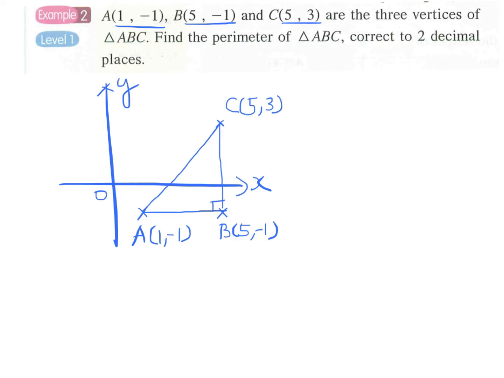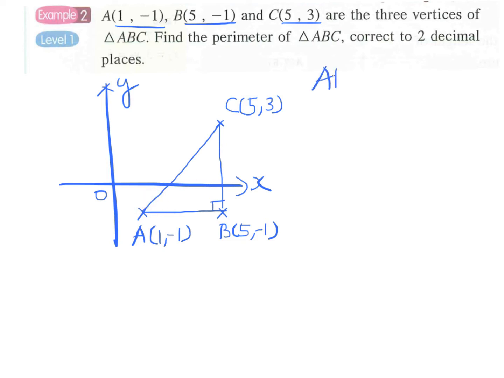So the problem requires us to find the perimeter of triangle ABC. So AB is quite easy because we simply subtract the x coordinates. And for BC, again, it is quite easy. We simply subtract the y coordinates. But what about AC? Again, we have to apply the distance formula.